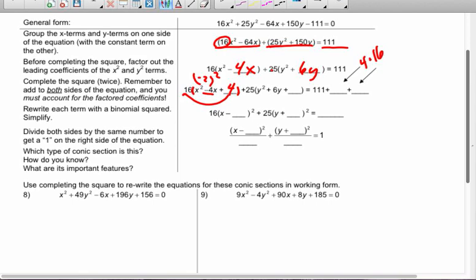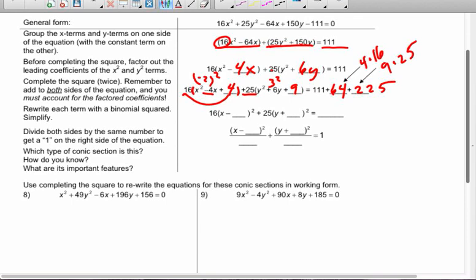Okay? And that was a 64. Okay, and we do the same thing here, so this is going to be 3 squared. So that's going to give me 9. And then what I'm going to add in here is going to be the 9 times the coefficient out front, the 25. And 9 times 25 is 225.